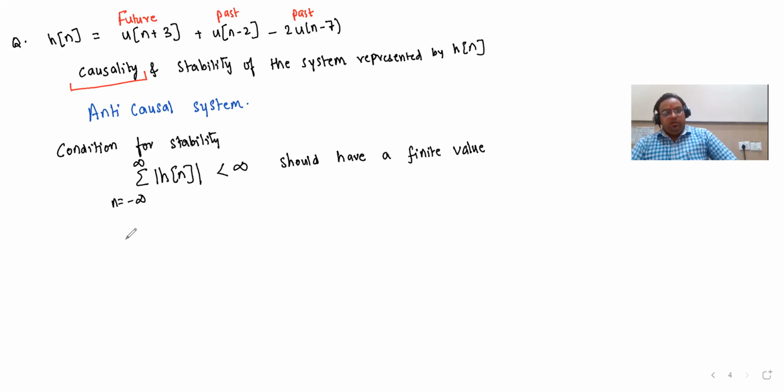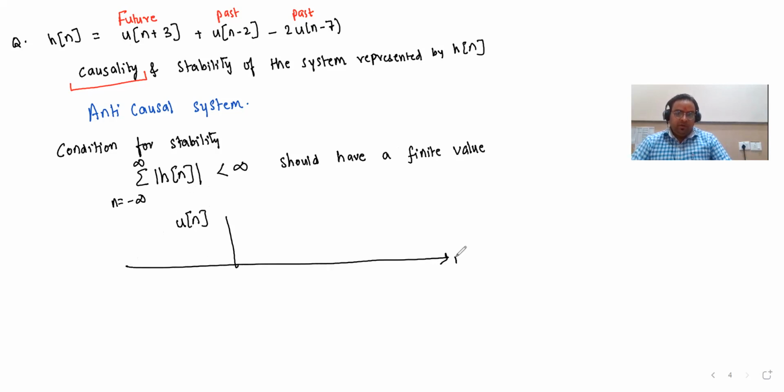So we need to draw the waveform for u of n plus 3. We know the waveform for u of n. We have n on the horizontal axis and u of n on the vertical axis, with n equal to 0, 1, 2, 3, 4, 5 and so on.